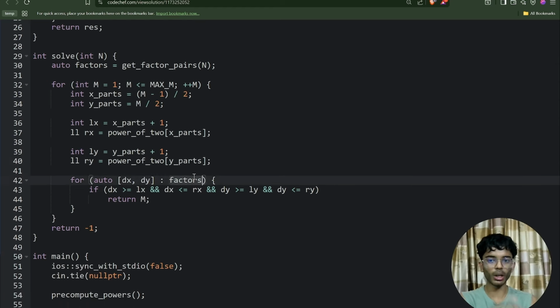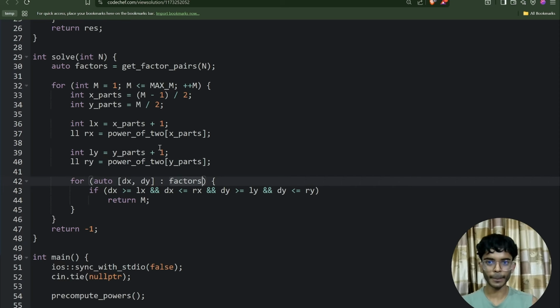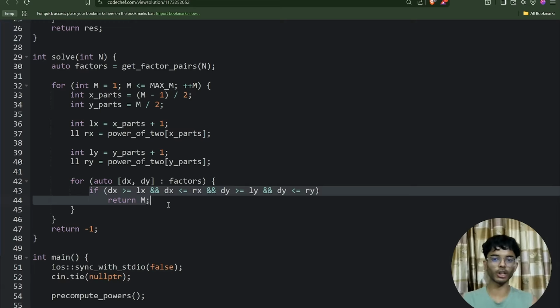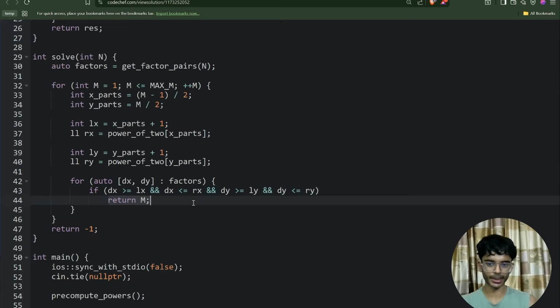Now we'll iterate over all the factors of our n, and if this x is in between Lx and Rx, and this y is in between Ly and Ry, that is the limit on y, and this is the limit on x, that means there exists a valid value, so we'll return m.